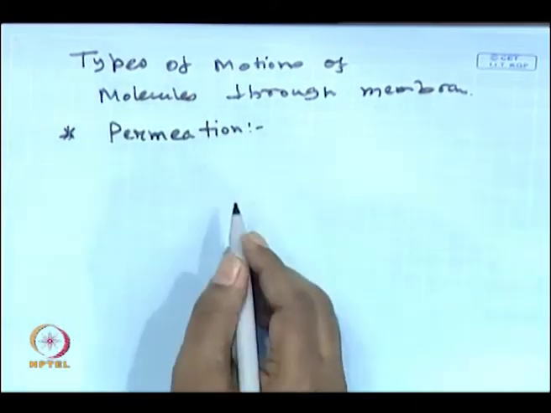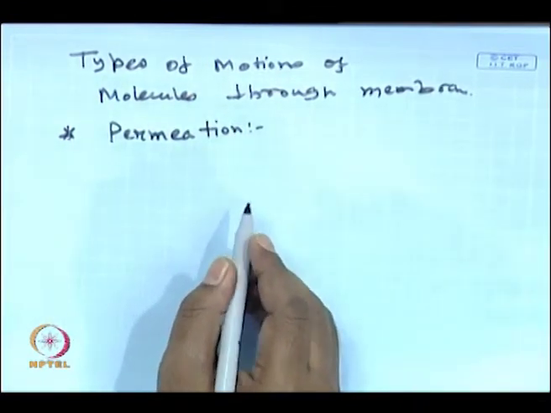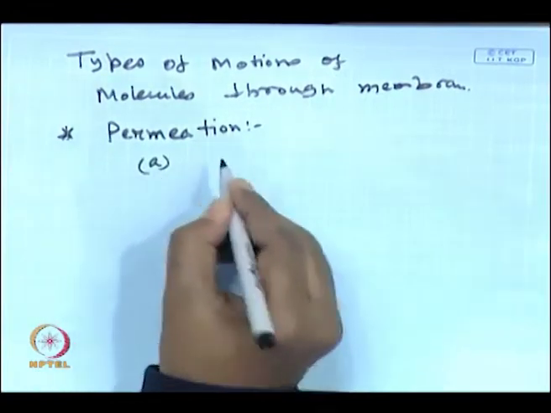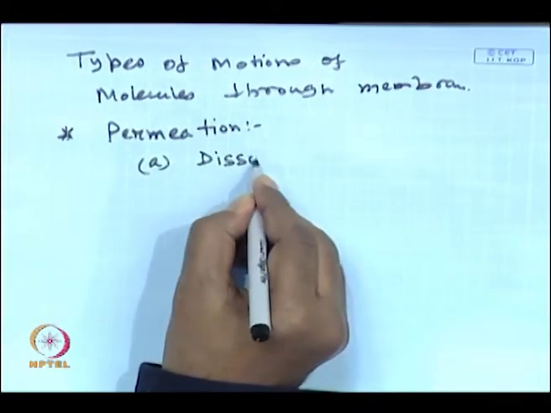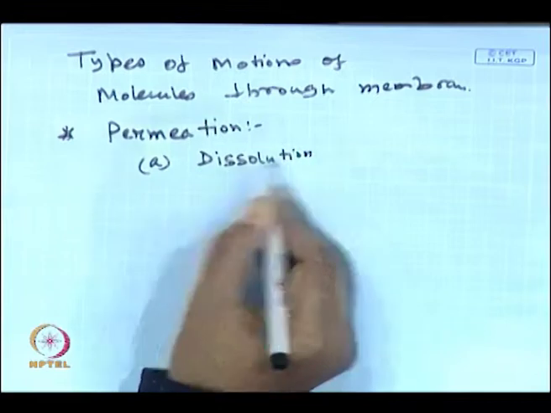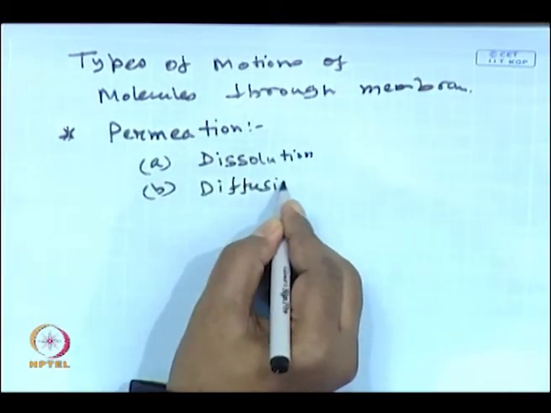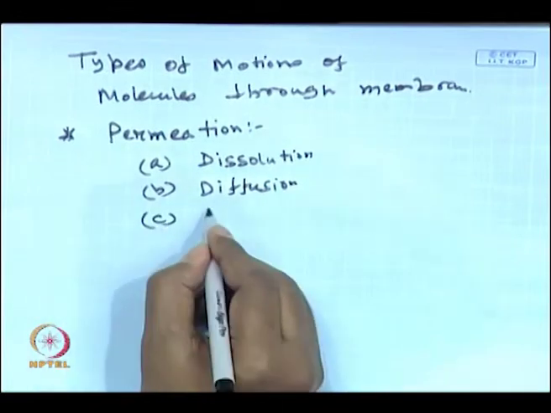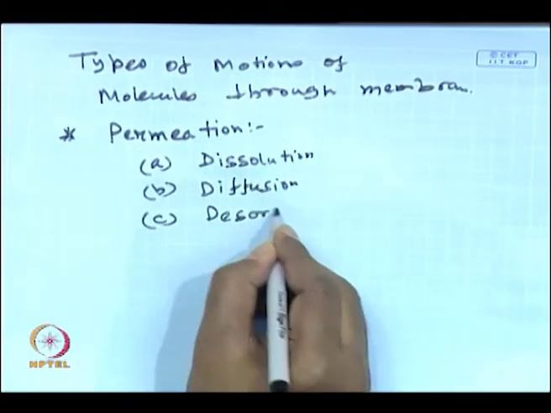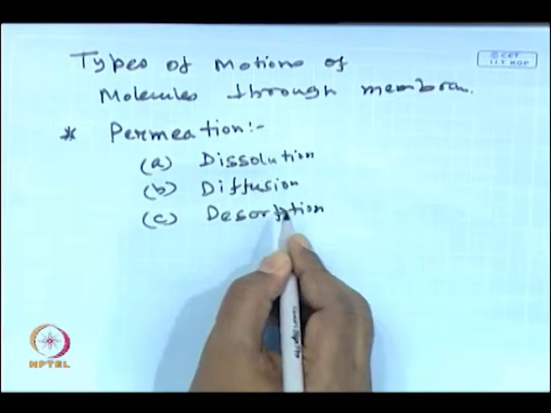What is permeation? Permeation has three distinct steps. One is dissolution, another is diffusion, and the third one is desorption.